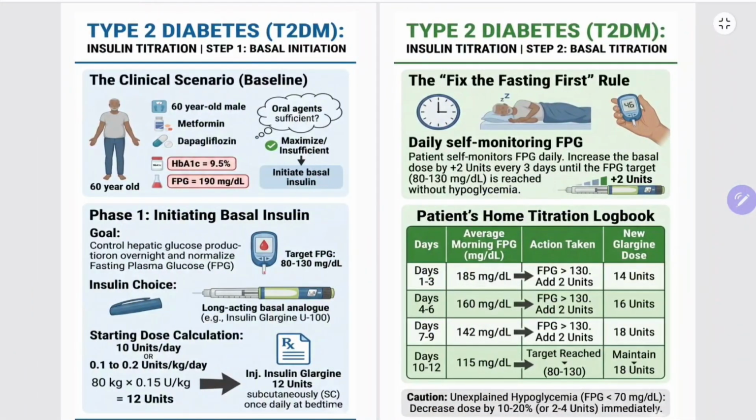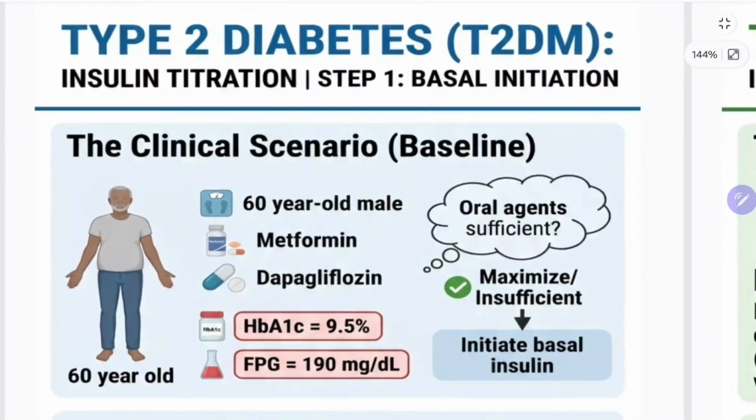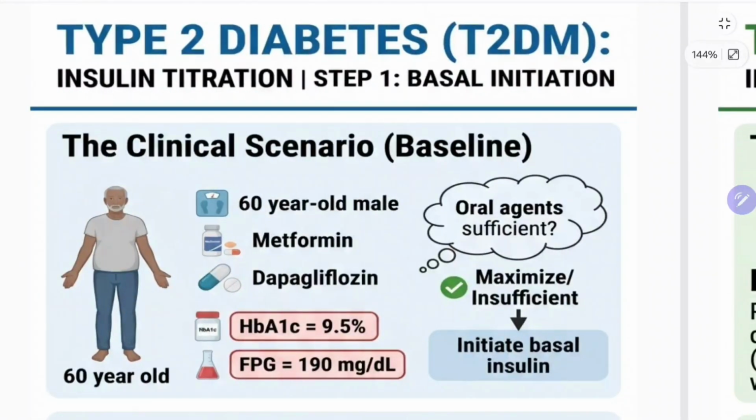Now one example, because without an example we will not understand insulin. We'll take a case scenario. Suppose a patient of type 2 diabetes mellitus, a 60-year-old male on metformin and dapagliflozin 10 mg per day.